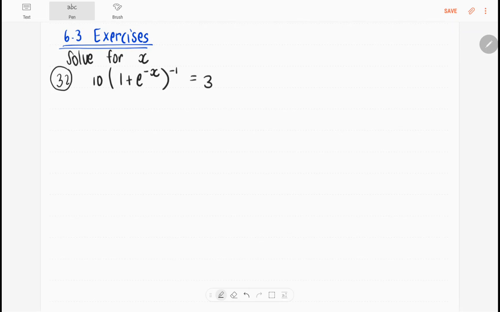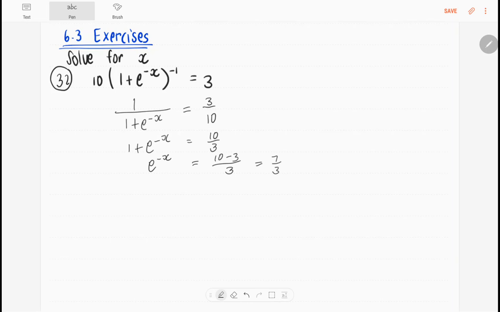So what I'm going to do is I'm going to say this means that 1 over 1 plus e to the minus x equals 3 over 10, which means that 1 plus e to the minus x equals 10 over 3, which means that e to the minus x will equal 10 minus 3 over 3, which is 7 over 3. And I want to solve for x.